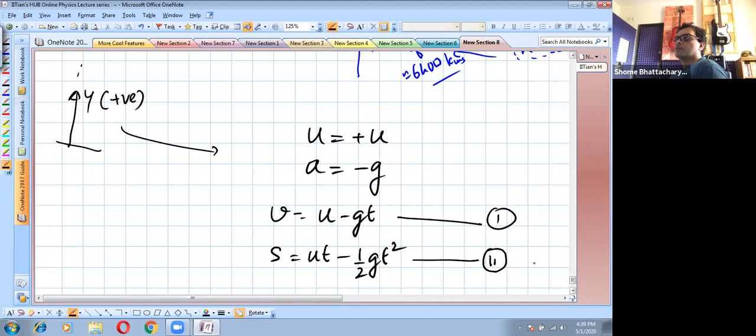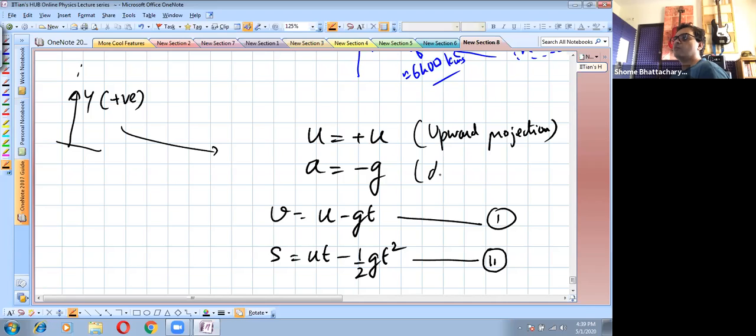Okay. So when we project something vertically upward, because we are taking the upward direction as positive, we'll write the vertical projection velocity as positive because it's an upward projection. So the initial velocity vector is pointing in which direction? The upward direction. Hence we are taking a positive sign. But acceleration due to gravity is acting in which direction? Downward direction.